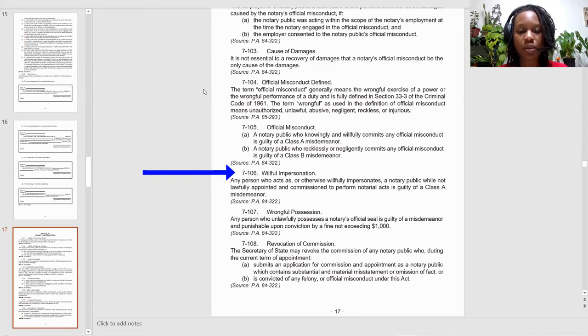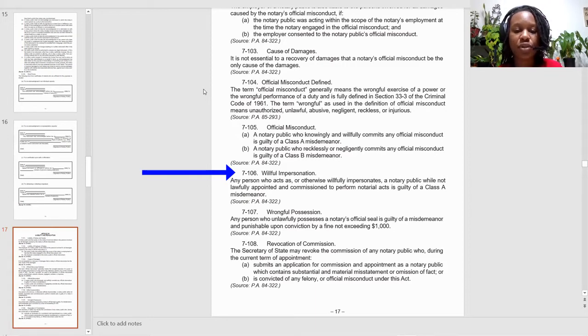7-106, willful impersonation. Any person who acts as or otherwise willfully impersonates a notary public while not lawfully appointed and commissioned to perform notarial acts is guilty of a Class A misdemeanor.